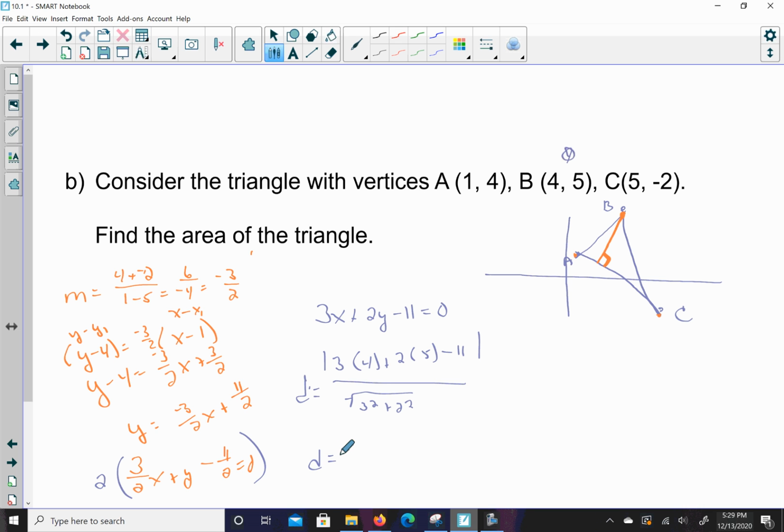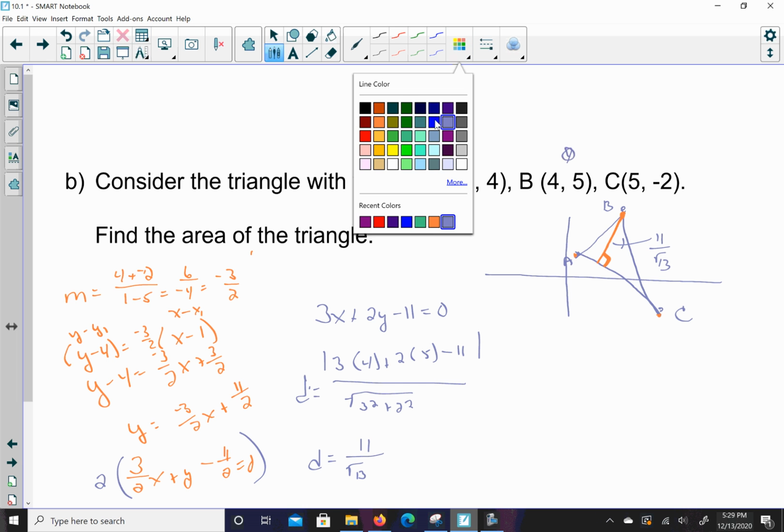And when I simplify that, I end up with 11 over the square root of 13. Again, that's this right here, 11 over the square root of 13. So that's my base. Now I need to find, I'm sorry, that's my height.